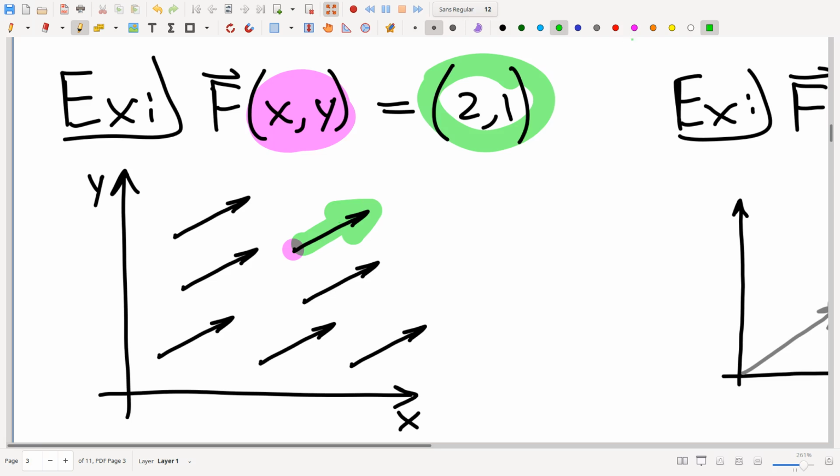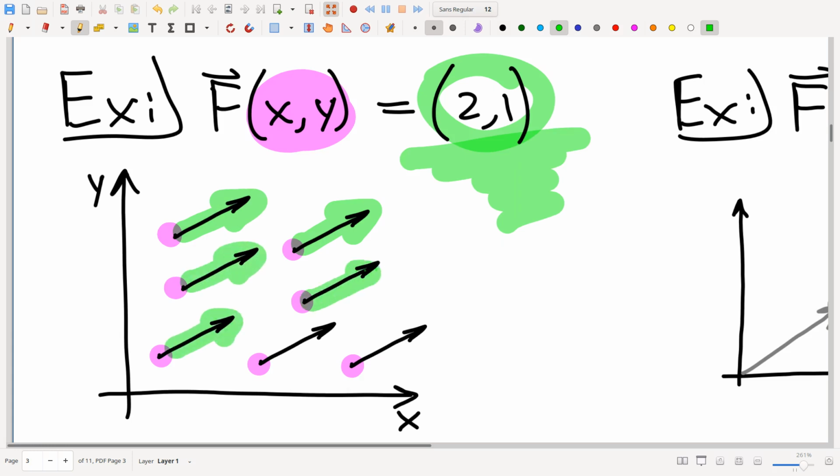Now, at other points, other x comma y's, I'm going to have to plug back into my formula here to get, in this case, conveniently always exactly 2 comma 1, and so I get the exact same vector at every one of these points. So this is a graphical representation of what we call a constant vector field. Is that all right?